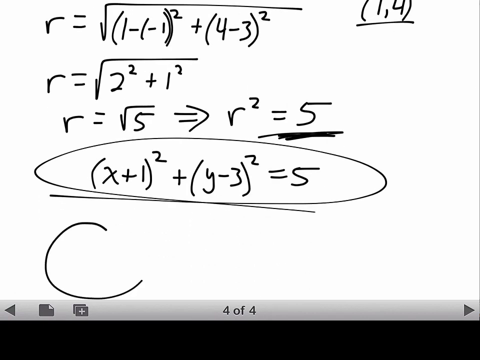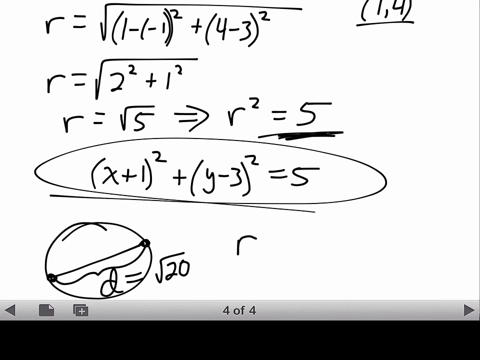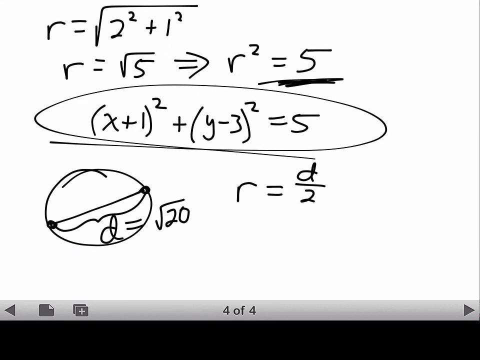Suppose we had used the whole diameter. In this case, we would have gotten that the diameter is equal to the square root of 20. The radius is half the diameter. So when we square the radius to put it into the formula, we'd have to square half the diameter.